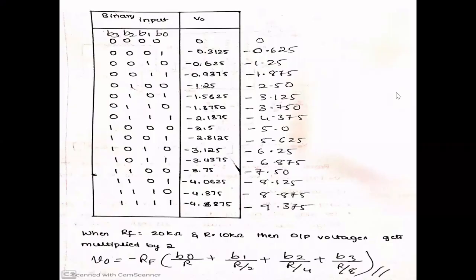So when V reference is 5 volts, in that case, the output voltage is going to be minus 0.625, because of the inverting amplifier.